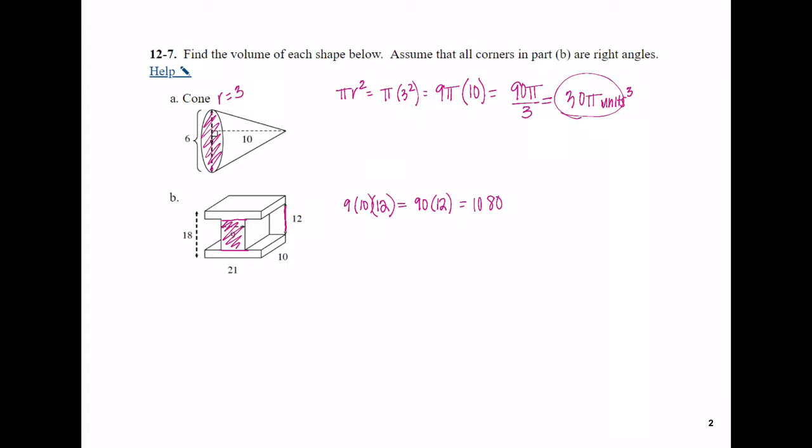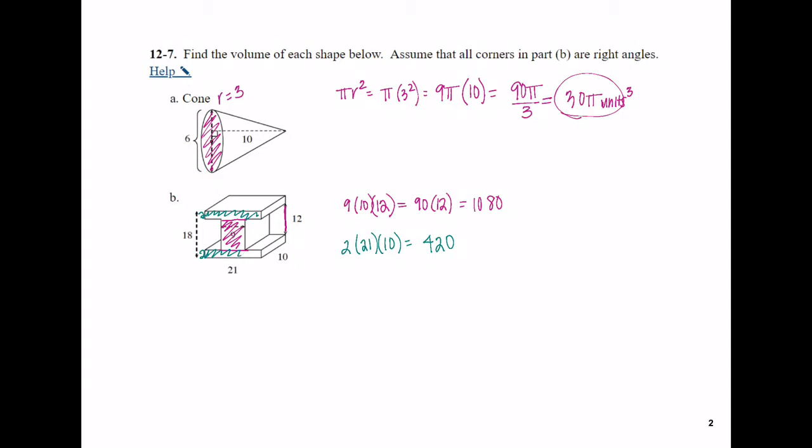We then could find the volume of our top and our bottom piece. The whole distance is 18, so if we subtract 12 from 18, we're left with 2 and 2. So we could do 2 times 21 times 10, which equals 420.